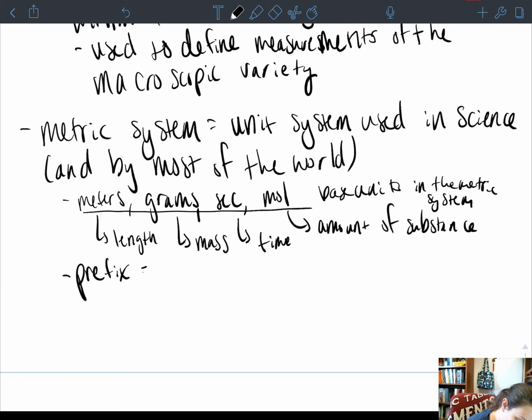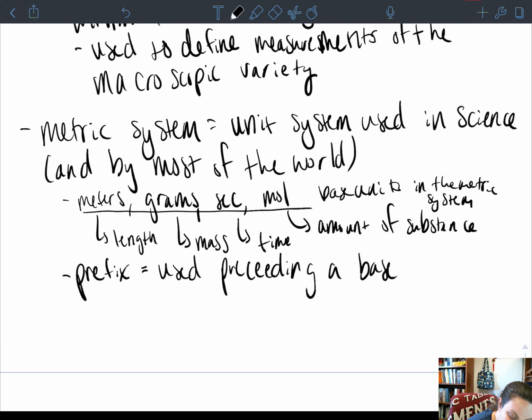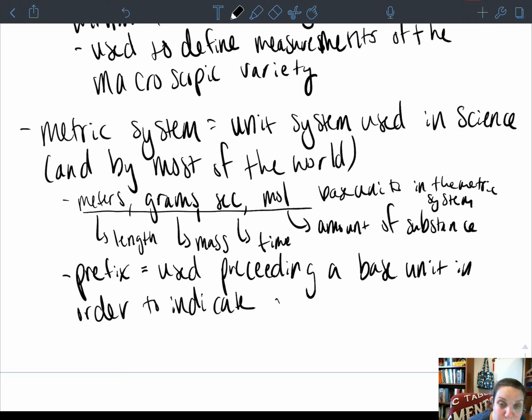So they're used preceding a base unit in order to indicate a multiple or fraction of that base unit.